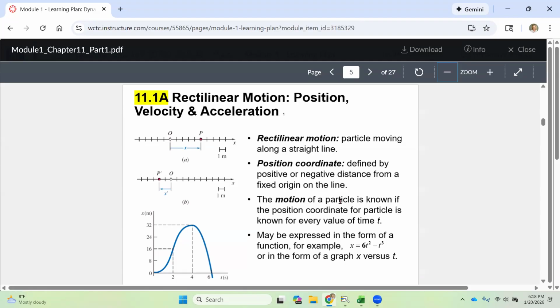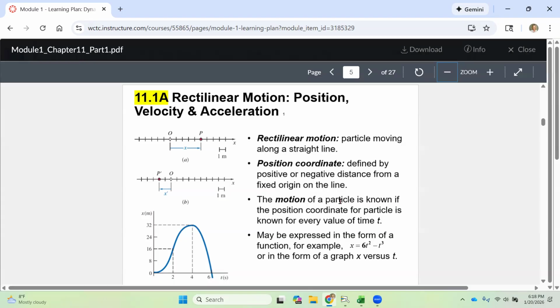When we look at position coordinate, that's defined by either a positive or a negative value with respect to an origin. So we need to know, first of all, where we are starting, where our origin is, and what we are going to consider positive. Usually in horizontal rectilinear motion, going to the right in the X direction is positive and going to the left is negative.